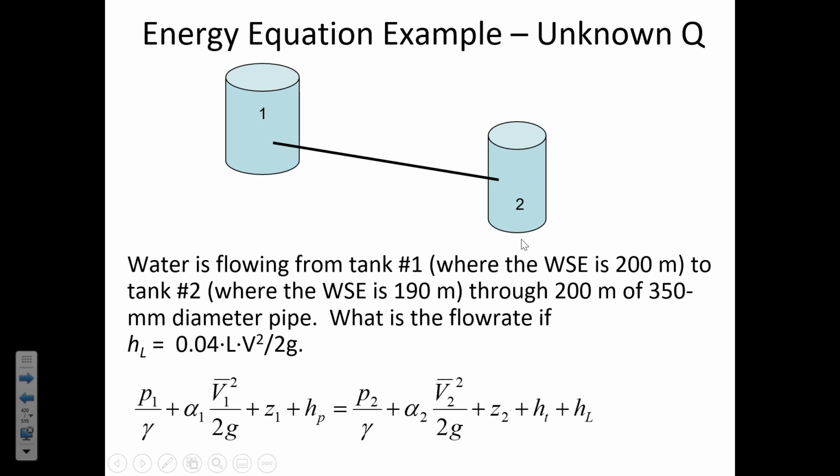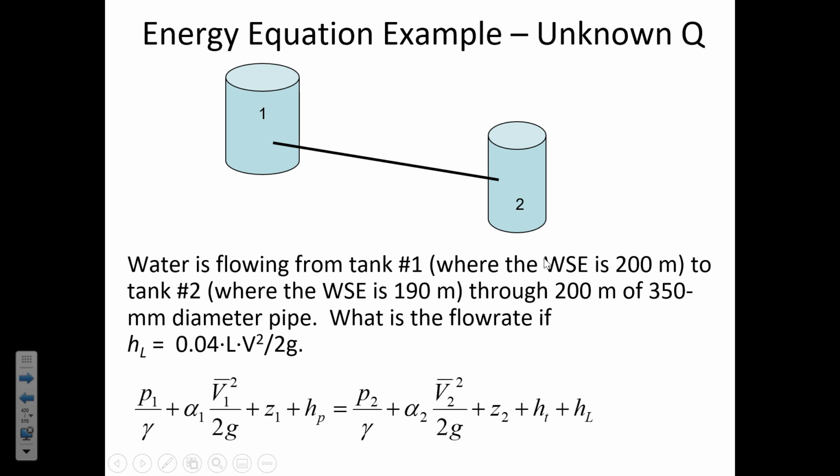And what we know is the water surface elevation at both of those locations. So WSE just means water surface elevation. What that tells us is that there's a free surface of water in the tank on the left. So let me just sketch this from a side view. Got two tanks connected by a pipe.